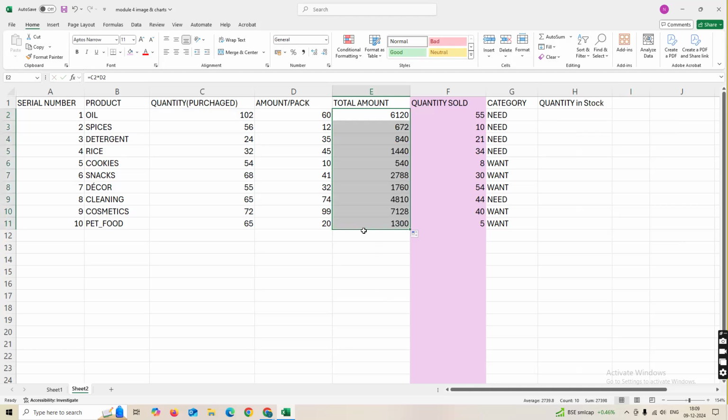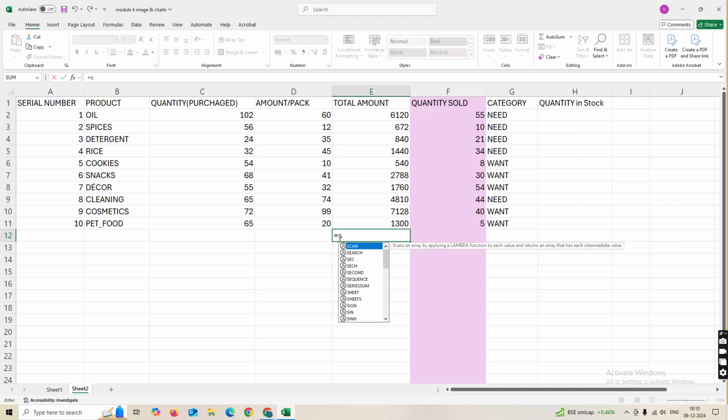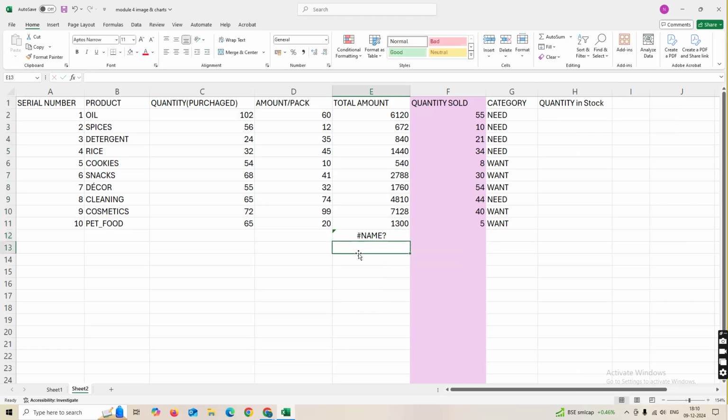Now I'm selecting this cell and writing this. Yeah, done. So total amount is done, quantity sold done, category need, no need on that basis done.